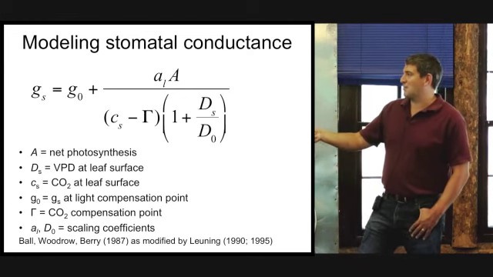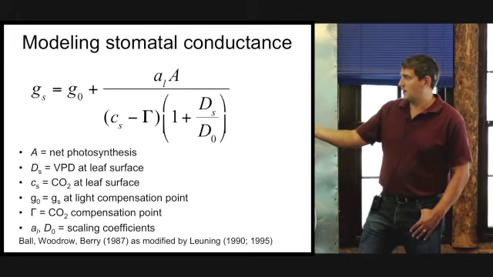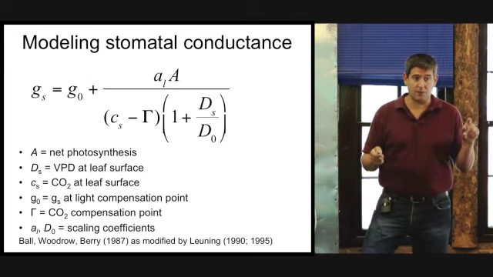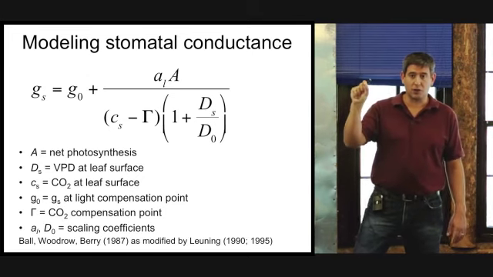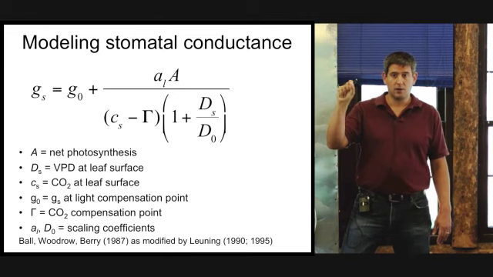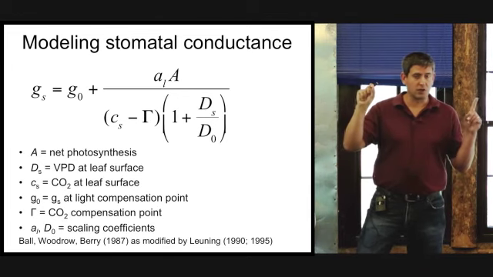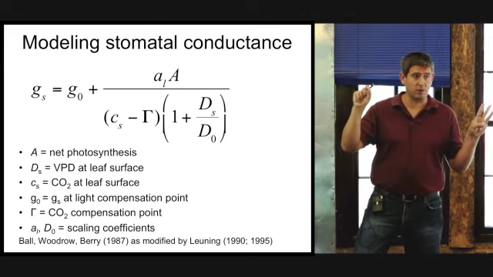But basically, you can model stomatal conductance, and you have g0, which is your stomatal conductance at the light compensation point. You have these scaling coefficients, alpha, and then D0, D naught. And then you have your CO2 compensation point, not gamma star, gamma. That's where the CO2 going into the leaf matches the CO2 going out of the leaf. Gamma reflects photosynthesis, photorespiration, and mitochondrial respiration.